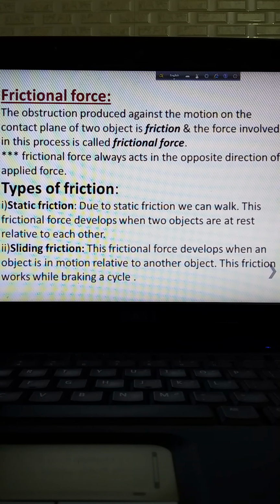This frictional force develops when an object is in motion relative to another object, whereas in static friction two objects were at rest relative to each other. This friction works while braking a cycle. Whenever anyone tries to brake a cycle and tries to stop the motion of the cycle, then this friction works there.